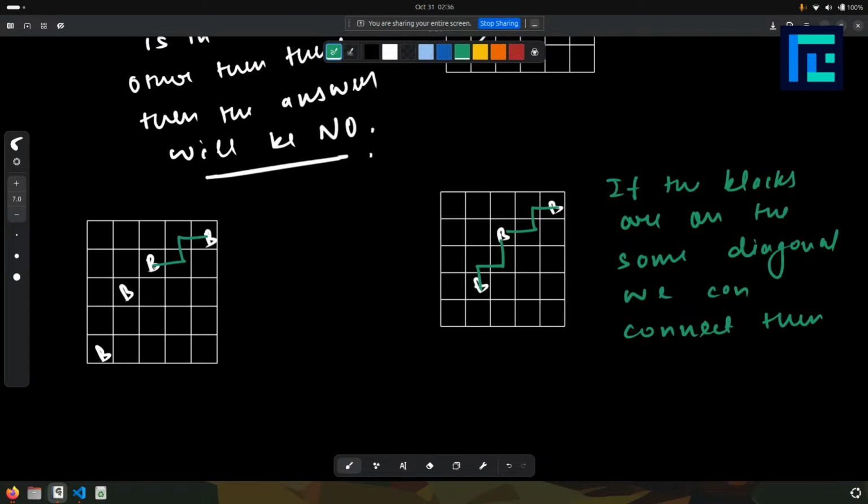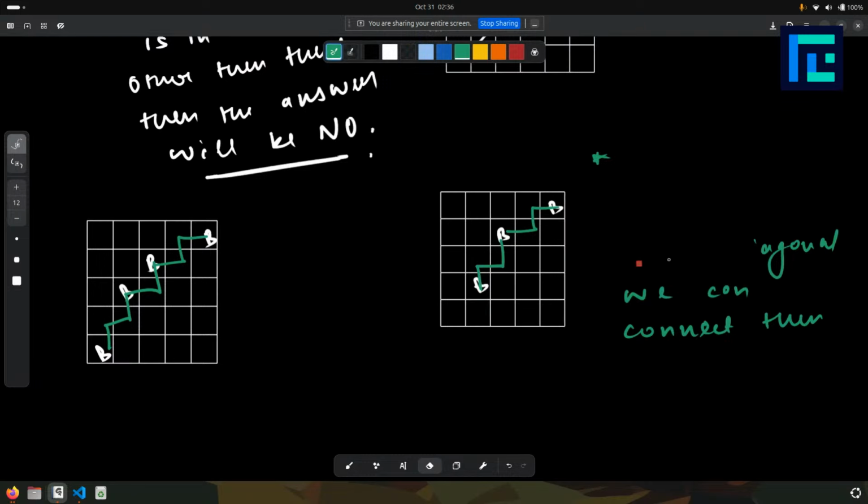So this, and this. Again I can connect them. So the property still holds true. If the blacks are on the same diagonal, then we can connect them. Actually, let me rewrite this a little bit more clearly.